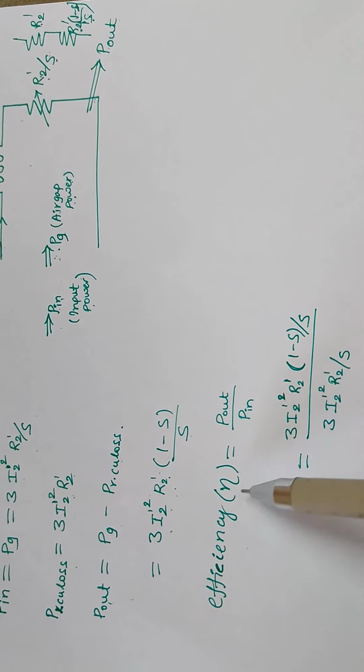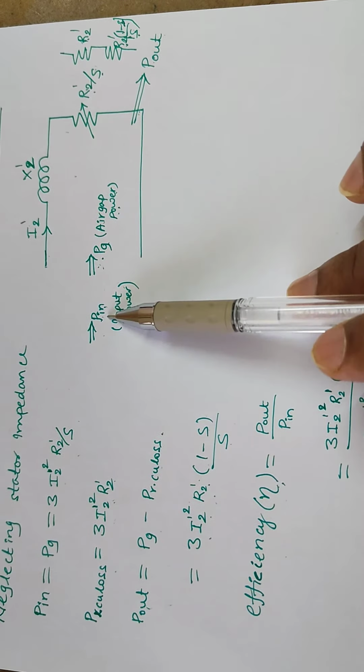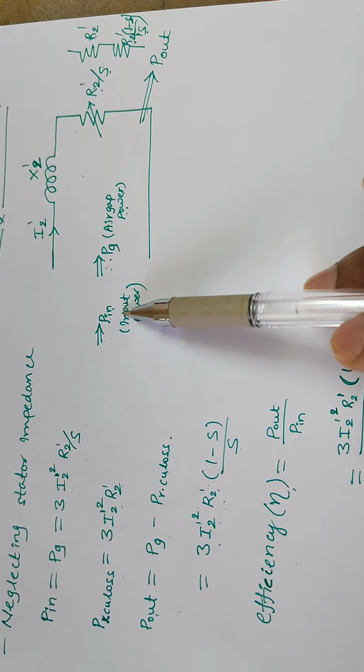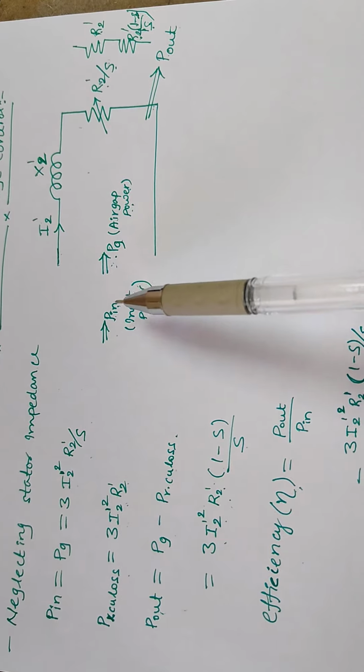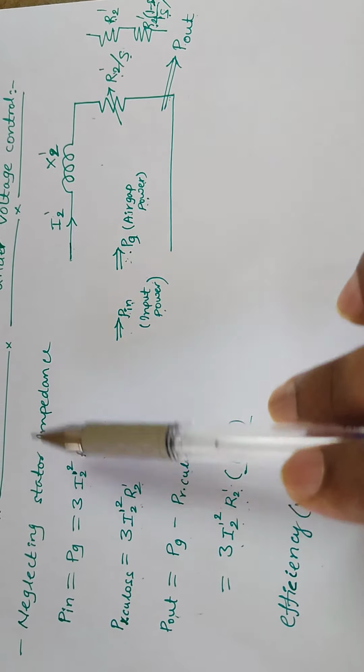Efficiency is nothing but output by input. Here, instead of taking the total input, we consider the rotor input, where rotor input and total input are the same by neglecting the stator impedance.